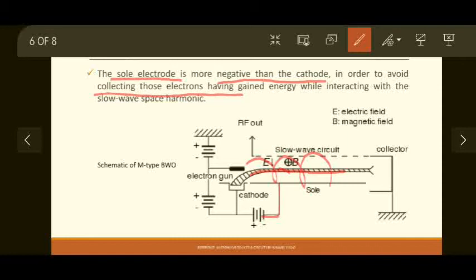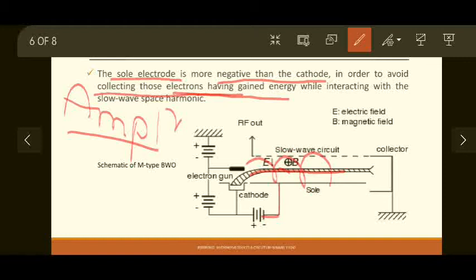What we want is electrons which have lost the energy, not electrons which have gained the energy, because if we collect the electrons which have gained the energy, then it will be amplification. This is important, because if electrons are gaining energy, then the output will be amplified.